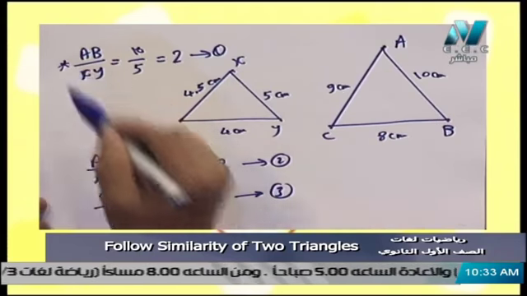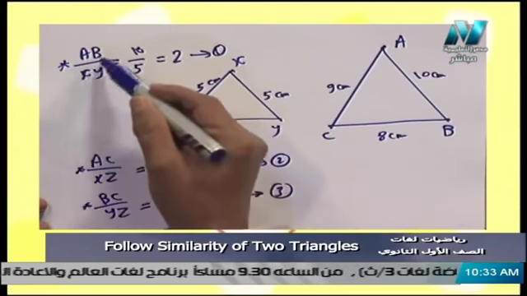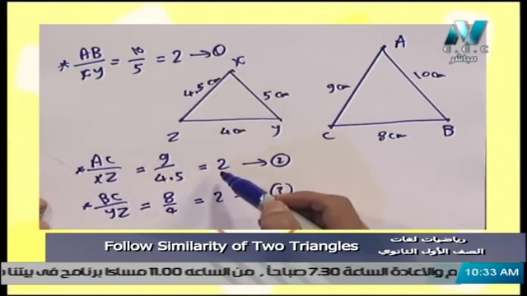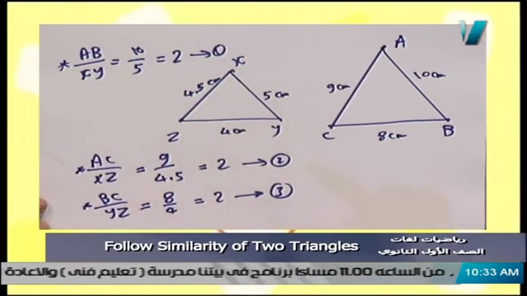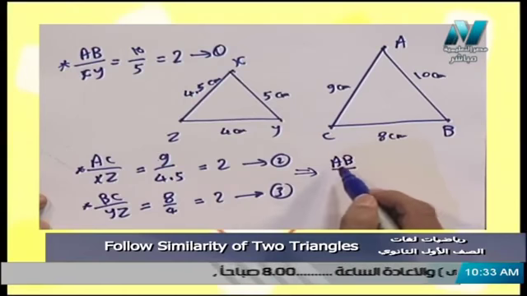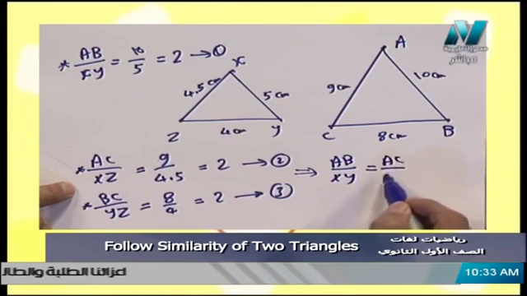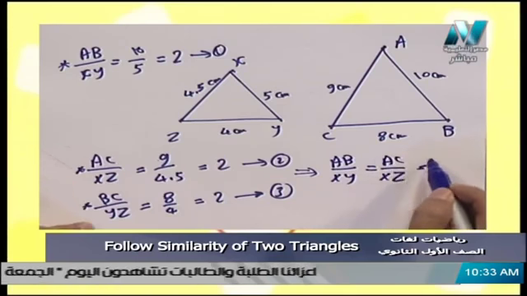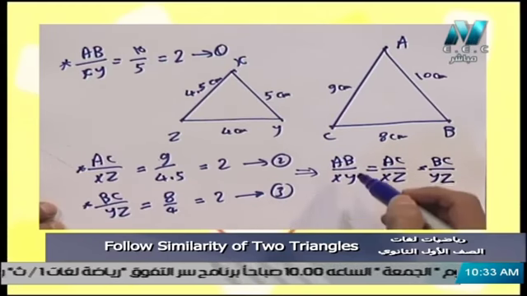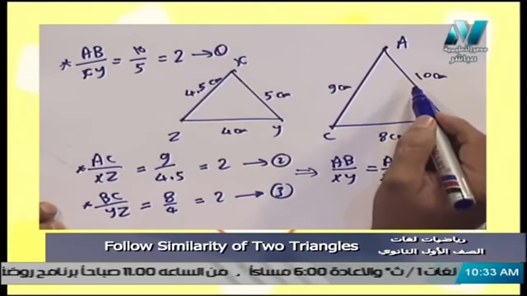From 1, 2, and 3, we deduce that AB over XY equals AC over XZ equals BC over YZ. So each two corresponding sides here are proportional.